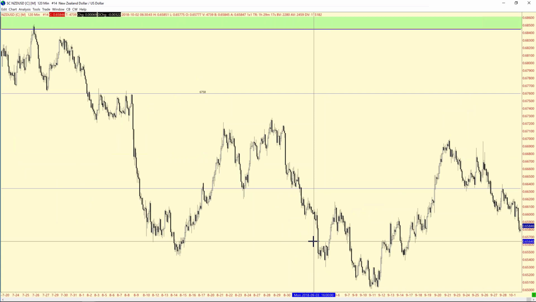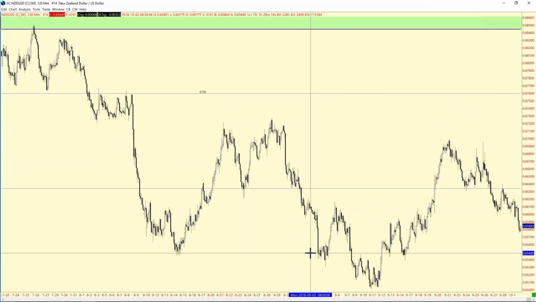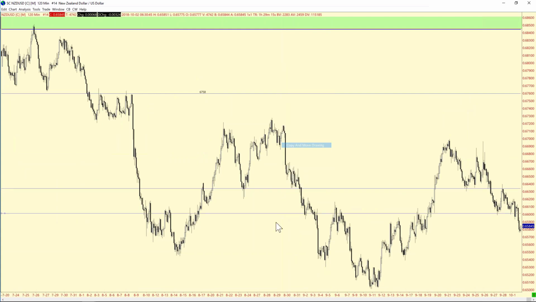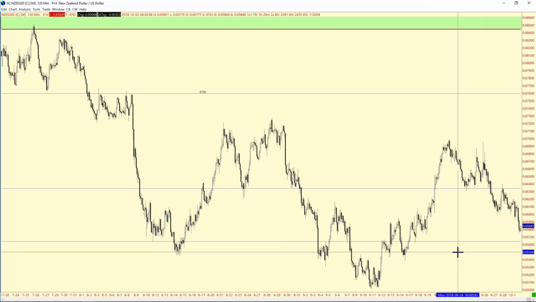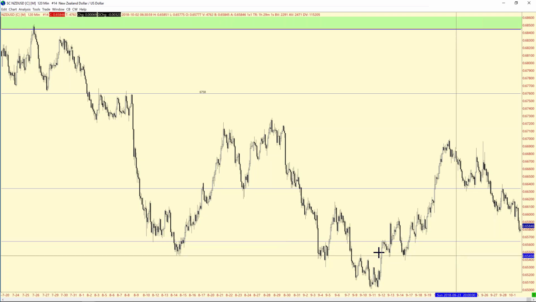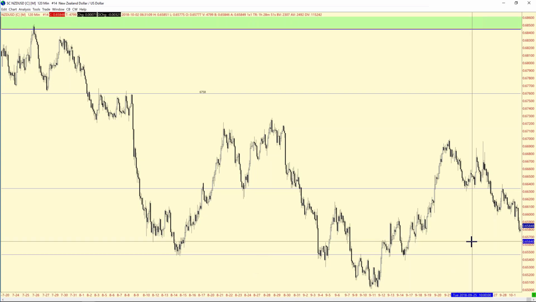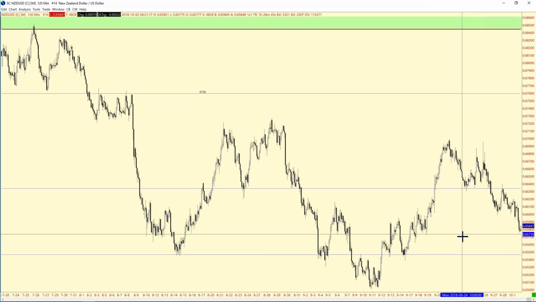You can see that coming across on this line. Matter of fact, right there. Actually, let's move this just a little bit lower. There we go. That would be 65.47.